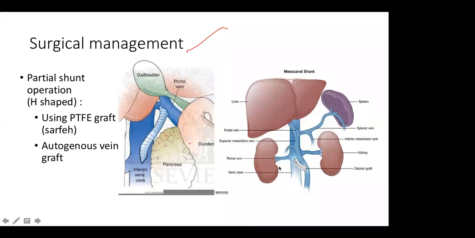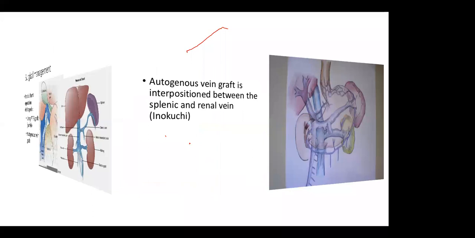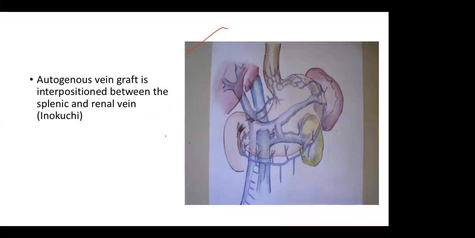The aim of this small one is to reduce the amount of toxin-containing material going directly to the circulation. For the autogenous vein, we usually use an autogenous graft from, for example, the inferior mesenteric vein or another. Then it is just grafted between the splenic and left renal vein, or the portal with the caval.